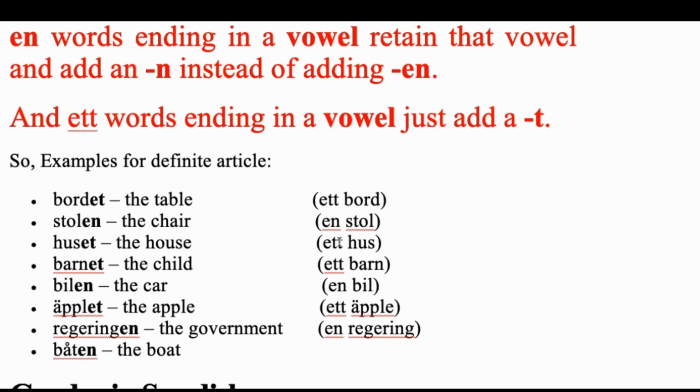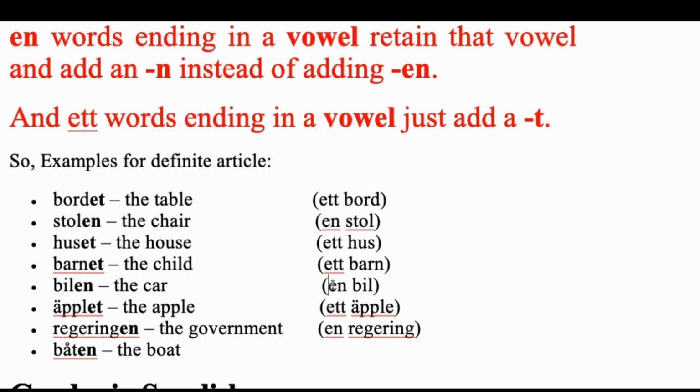Huset means the house. So this is your indefinite noun ett hus, and here maybe I'm talking about my house. So this is a specific noun now. Huset. Ett barn, a child. Barnet, the child. As you can see, et and et. We are not using one t here. Bilen, the car. So this is en bil. Just place this en at the end of the noun.